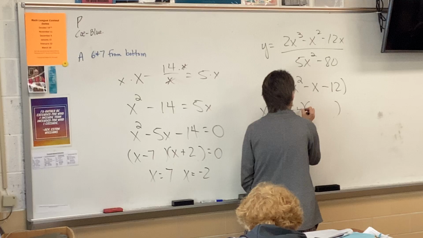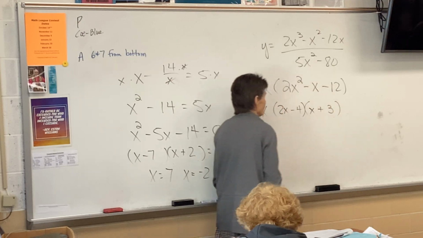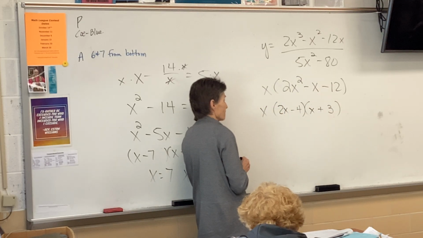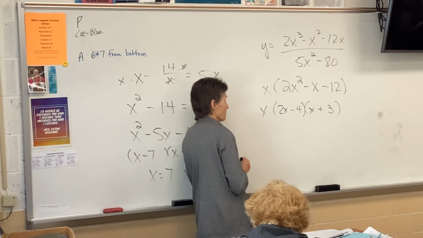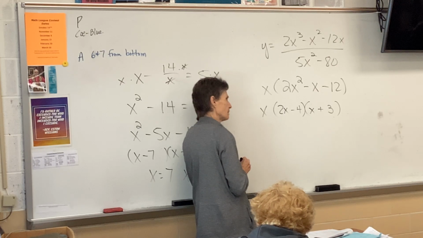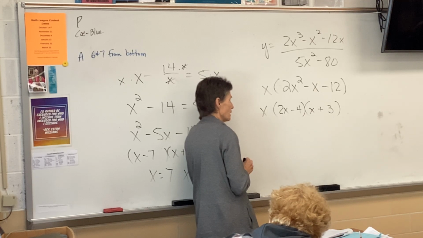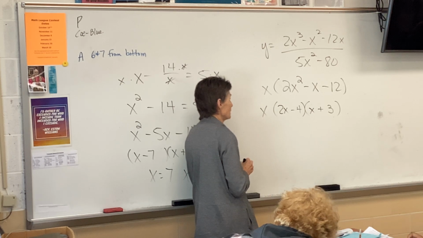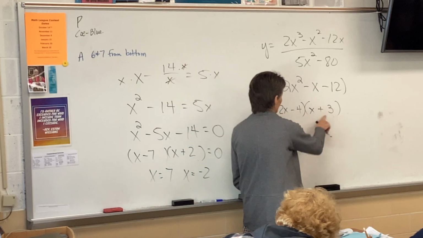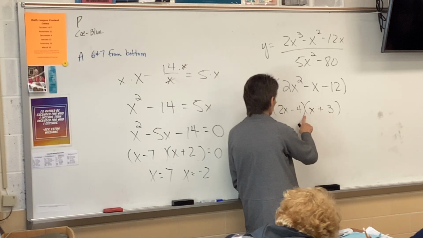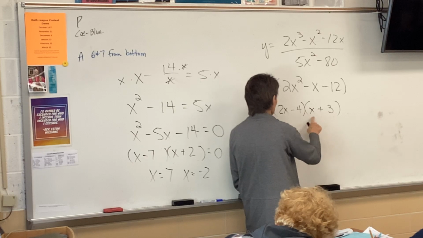So minus 4 plus 3. I don't think that works. I'm trying to figure out if anything works. I might have a bad problem here. 6 and 4 and 3 is not going to work. 6 and 2 isn't going to work.